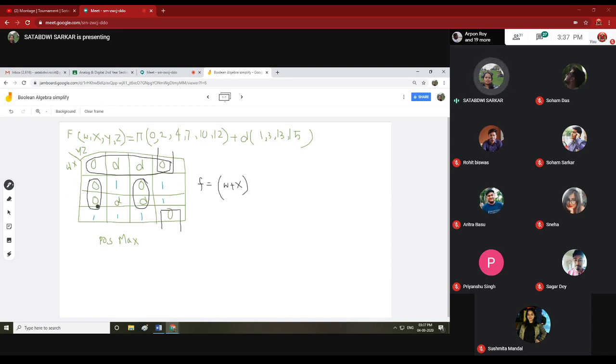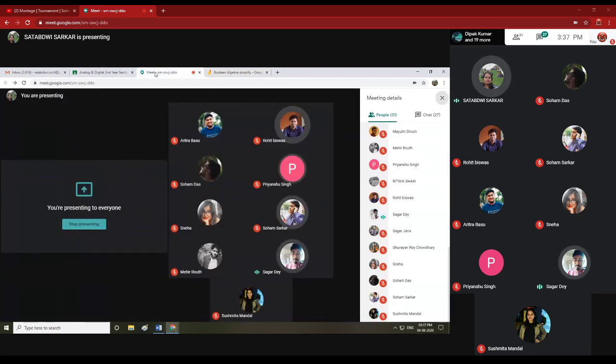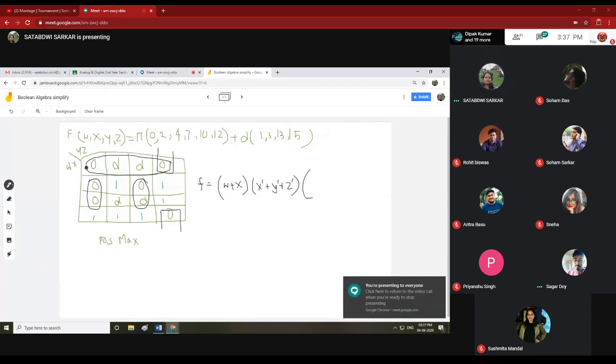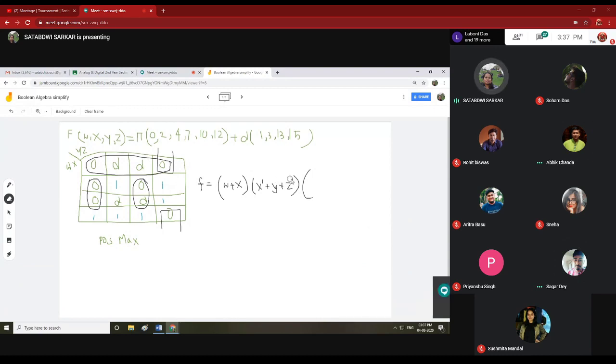So X bar is not changing, so that is X bar plus Y bar plus Z bar. And for these two terms, Y plus Z.